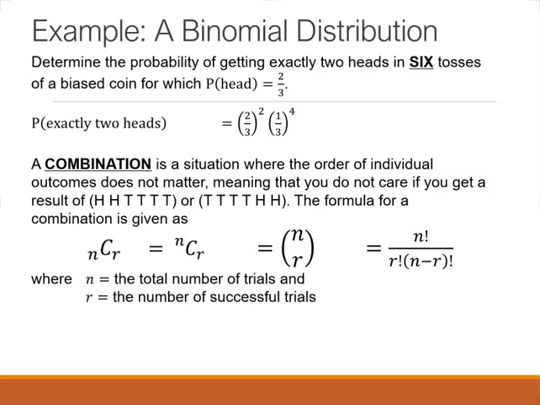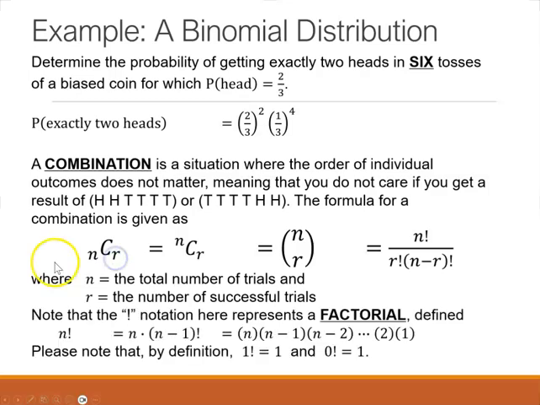That's all the exclamation point means. So if n is the total number of trials and r is the number of successes, in this problem we're going to do 6 choose 2. We want to figure out in 6 places how many different ways can we put 2 of them in there. Also note by definition, 1 factorial is 1, and 0 factorial is 1.